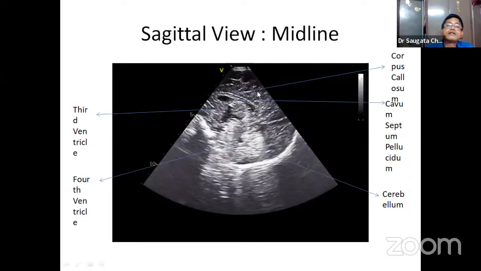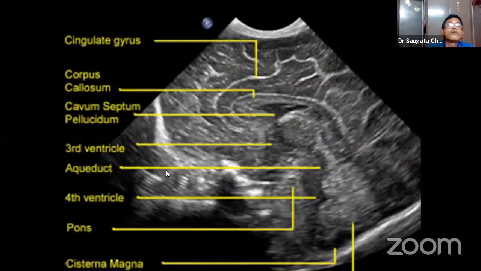This is the standard sagittal view at the midline. We can see the third ventricle here. This is the lateral ventricle, cavum septum pellucidum, as well as the cerebrum, and the fourth ventricle is also seen here. This is the illustrated form of the lady in dress view.